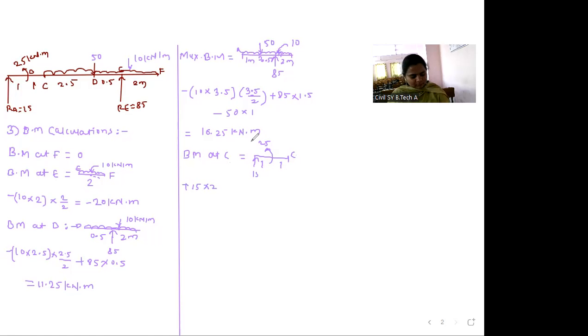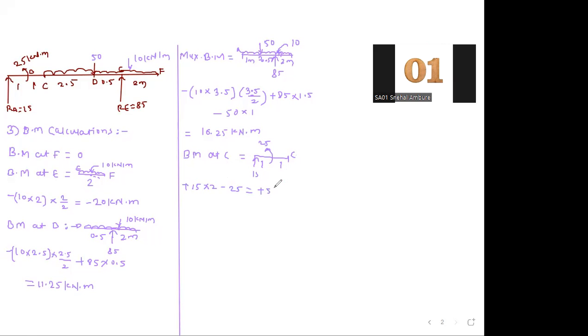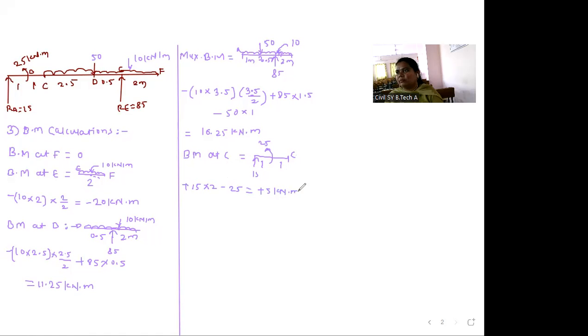After that this 25 moment pushes downward, so minus 25, which is equal to... so you calculate and tell me how much? Plus 5 kilonewton meter.